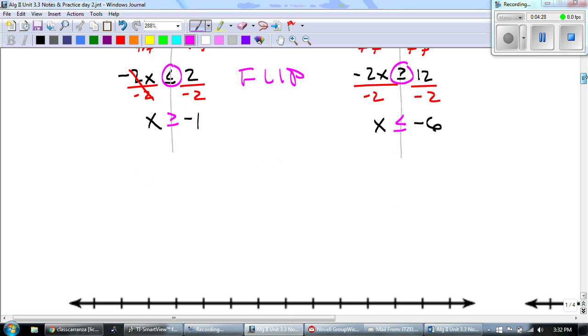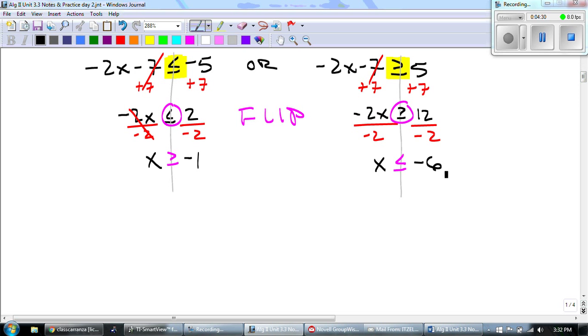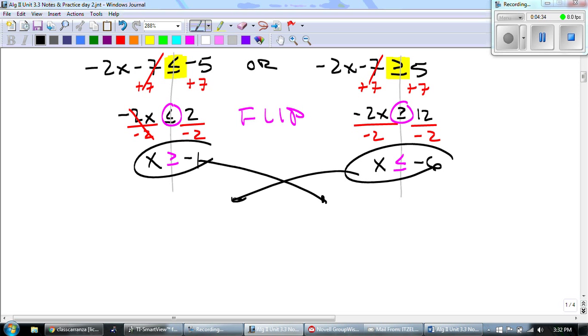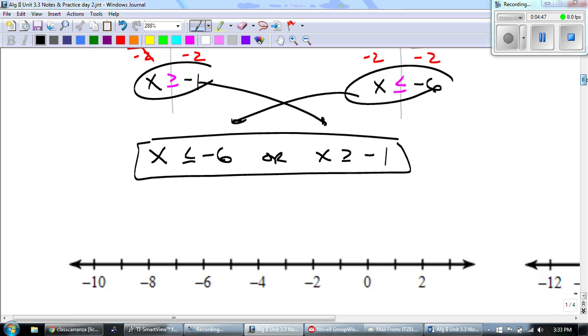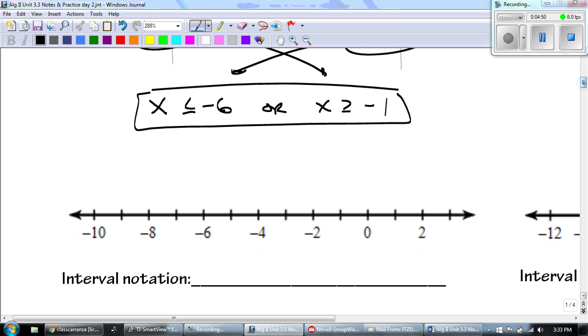Now, those are not written in the correct order. So as I write these in the correct order, here we go. We have x is less than or equal to -6, or x is greater than or equal to -1. Now we're going to graph it.